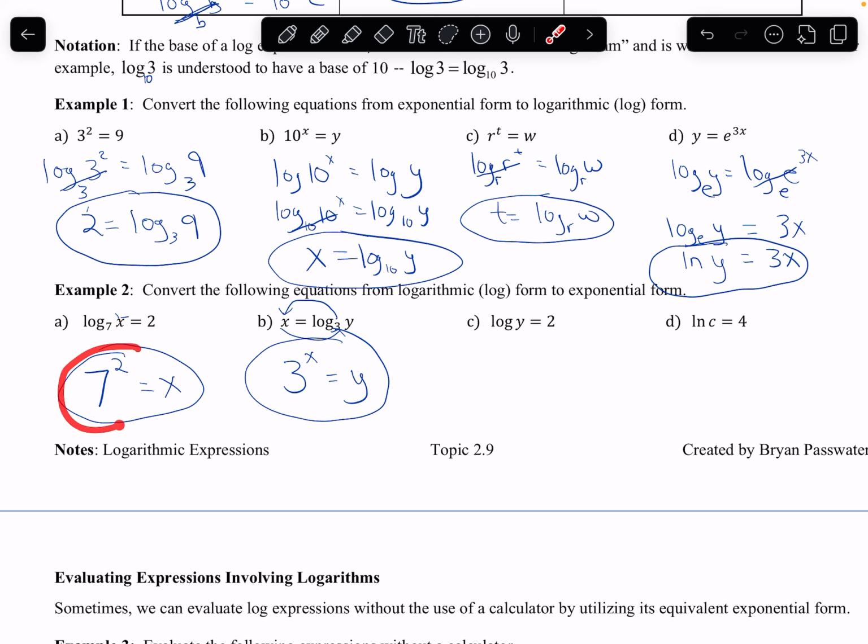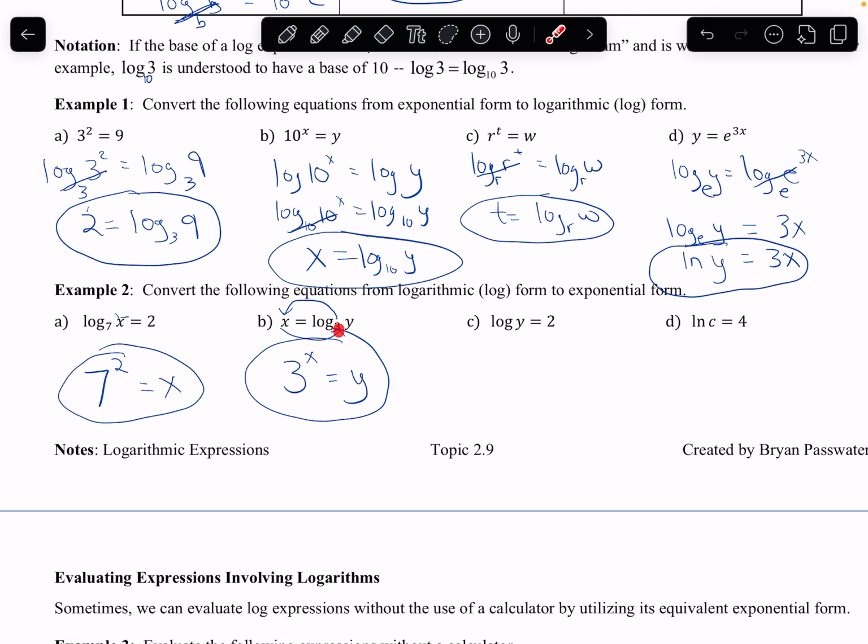And that's what we wrote here. I'm raising 7 to 2 to get x, because that's how you read a logarithm. That's what it means. So, right here, let's read the logarithm. The logarithm is saying, what power do I raise 3 to get y?